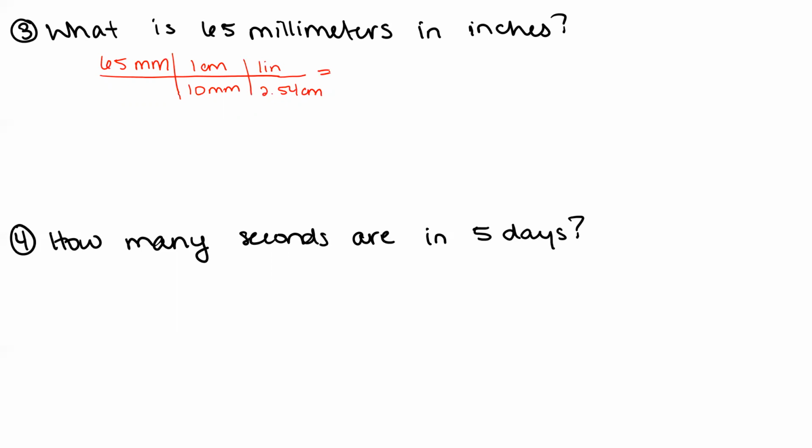Knowing that, we can multiply across. Our units cancel in both places. And we end up getting 2.559 inches, which, applying our limit of 2 significant figures, means we have 2.6 inches for a final answer.